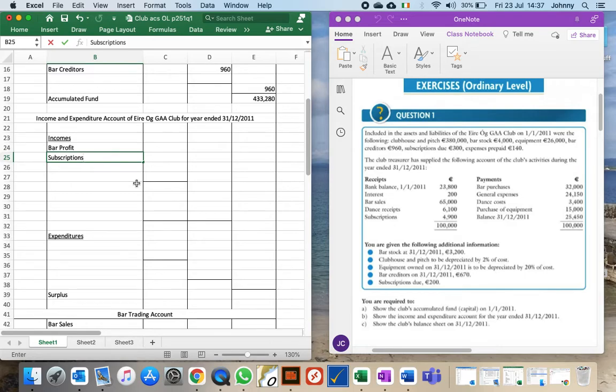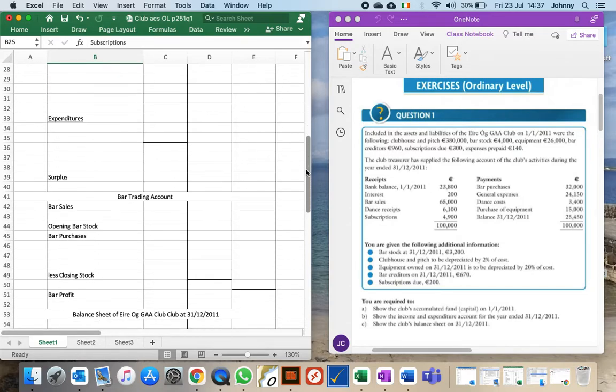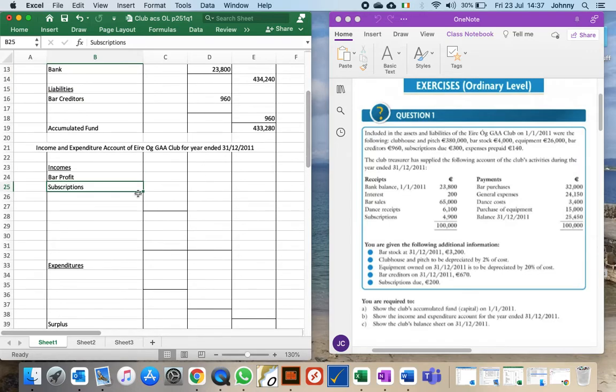But also we may have other activities. We may get money from sponsorships or donations. There may be other incomes that we get. But subs will be the number one. And if we have an activity like a bar, whatever work goes on in the bar and profit it makes becomes another source of income for the club. So I'm going to do the bar trading account first, and then put the number in for bar profit.